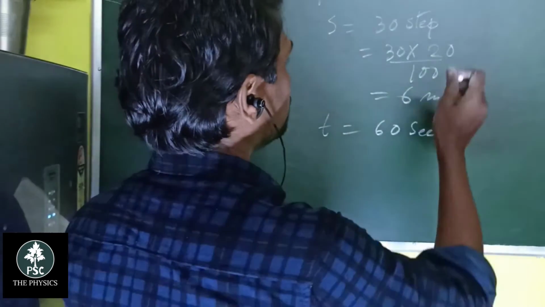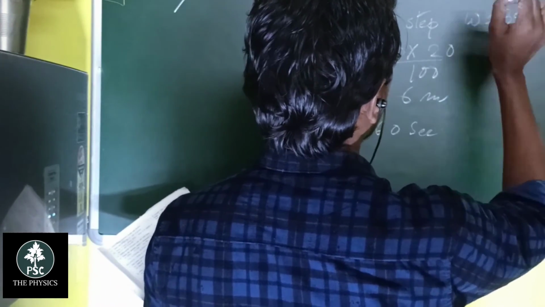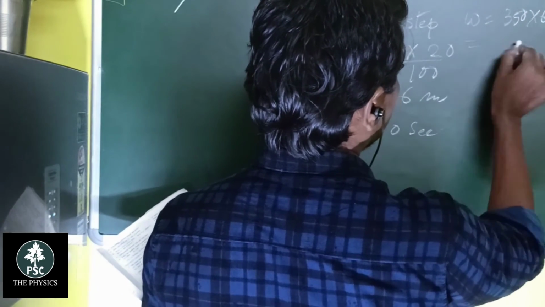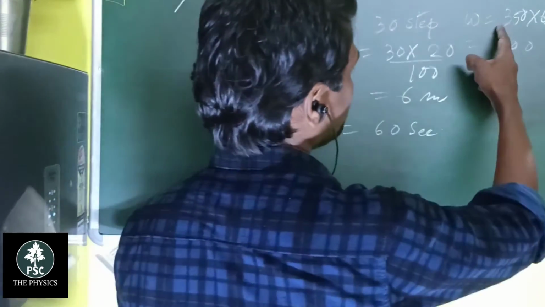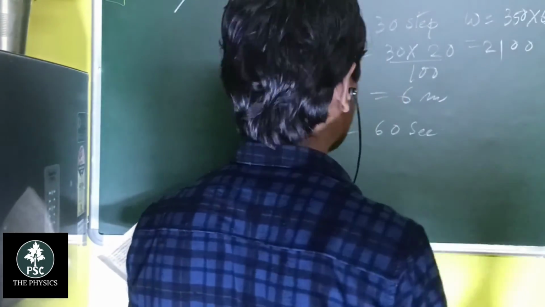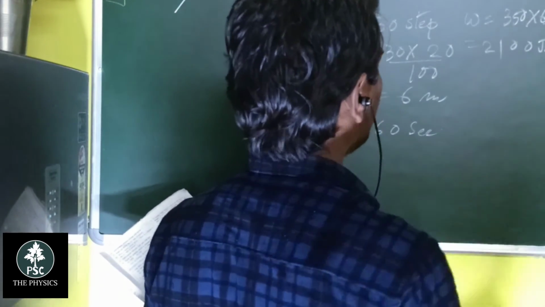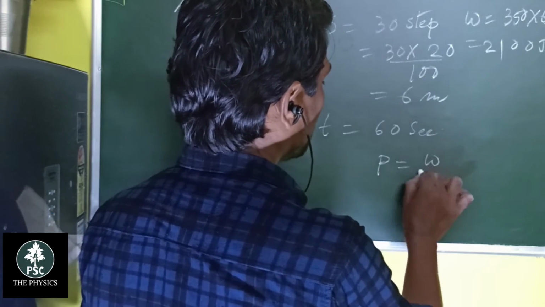Calculate the work done. So work equals force into displacement. So force is given and the displacement is 6. So this is 2100 joule. So 2100 joule work is done by this one, and the power spent is work done by time.